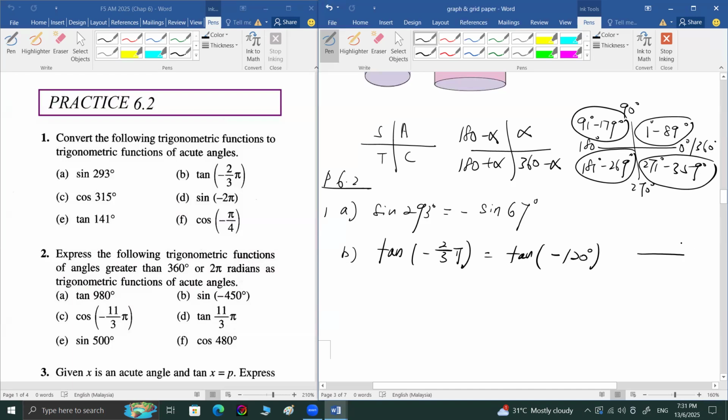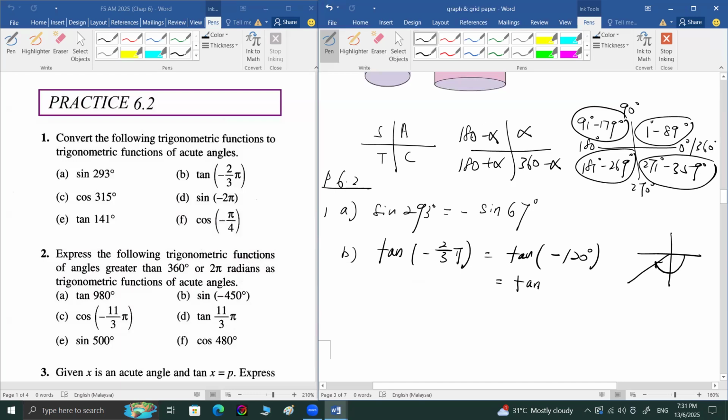You must know where is the quadrant. If you go clockwise, 120 is in the third quadrant, which is the quadrant for tangent. Don't confuse this, this is to show the direction. So tangent remains positive.